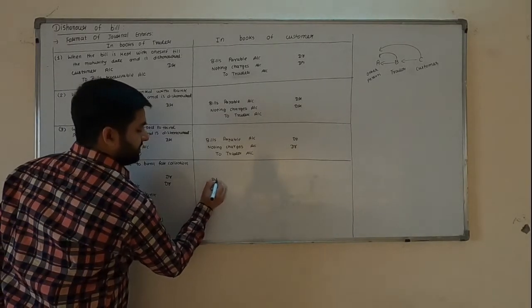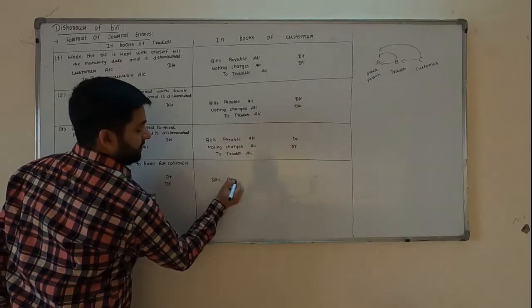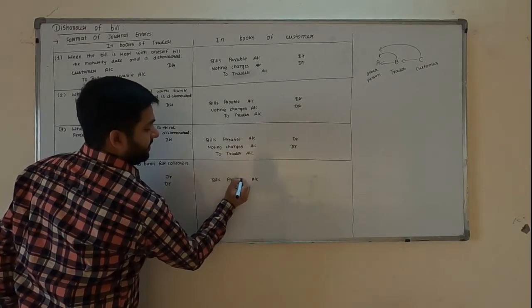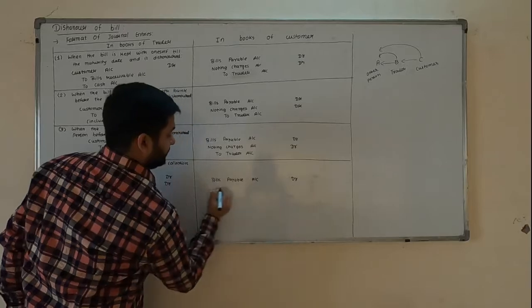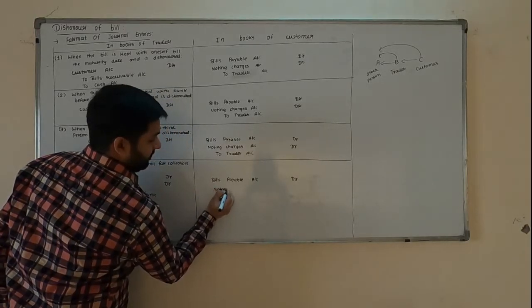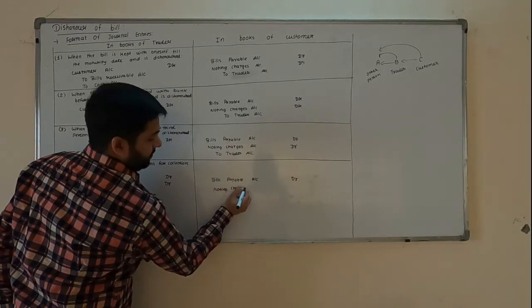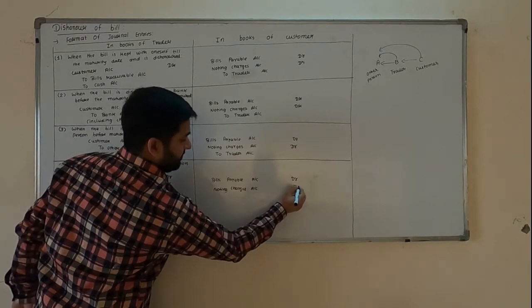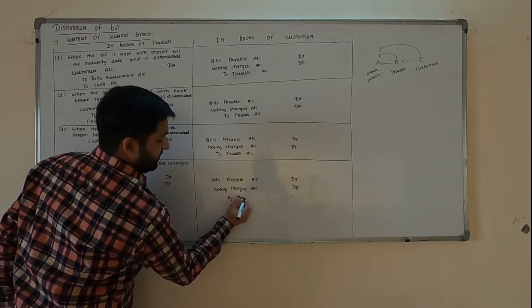Here entry is always same. Bills payable account debit, noting charges account debit to trader account.